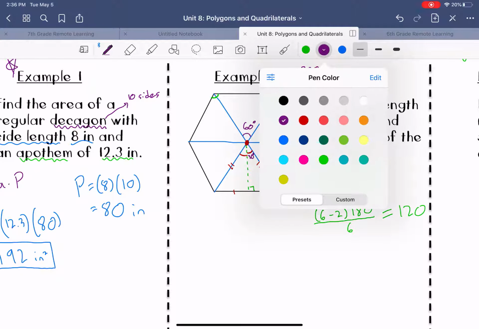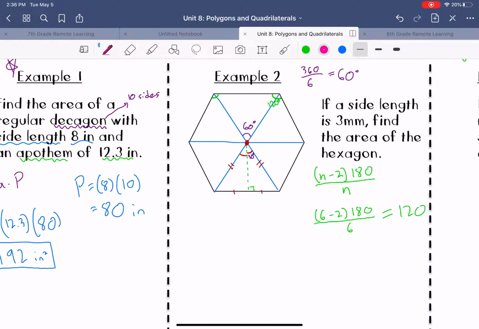Now, I am running out of colors here. Once again, often we want something different. Generally, we're asked, I want just this angle. And just like the apothem bisects the central angles, the radii bisect the interior angles. So this angle right here is going to be 60 degrees.